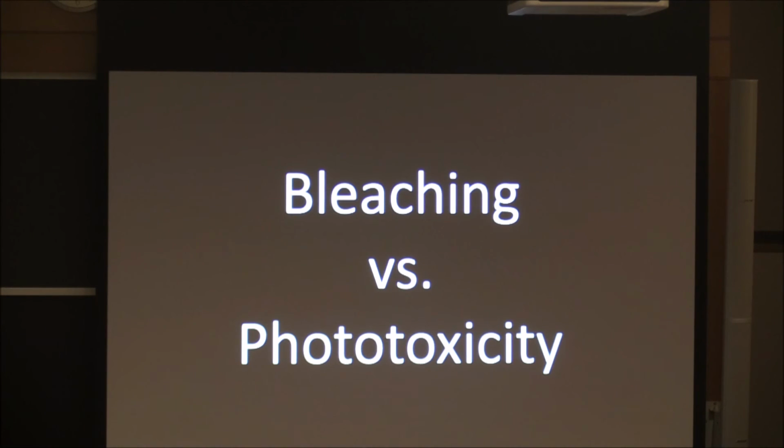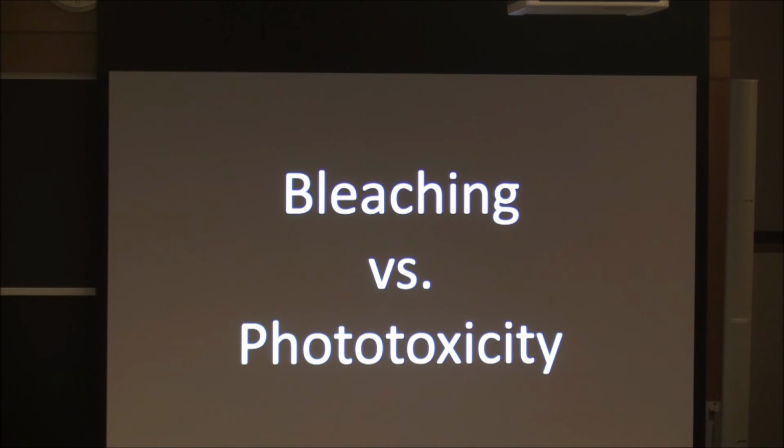So, when it comes to actually setting up your experiment, with a fixed cell sample, it doesn't matter too much. The biggest thing is if you turn up your laser power too much, you're going to bleach it before you get it all imaged. But with a live cell experiment, you really have to think about this a little more intently. There's two things that can happen, and these terms are usually used interchangeably, but they're two very different things.